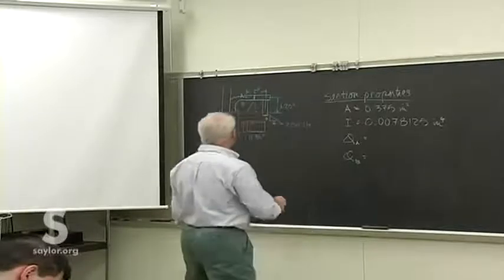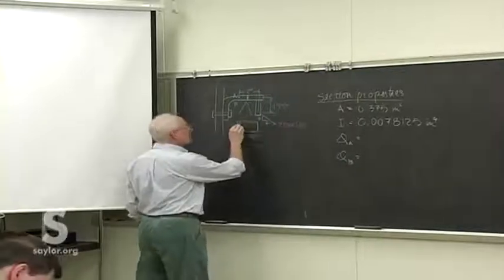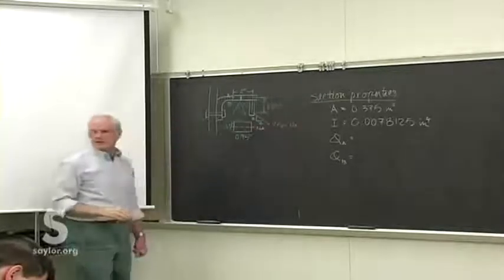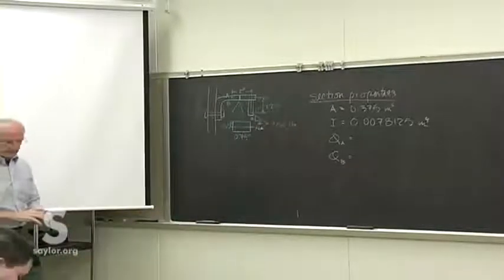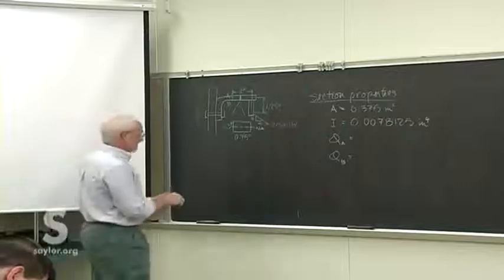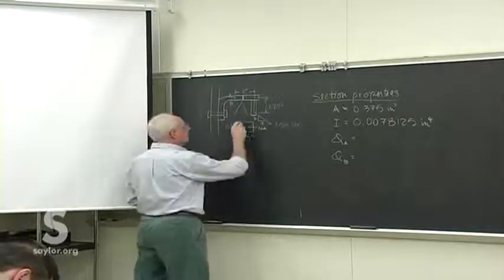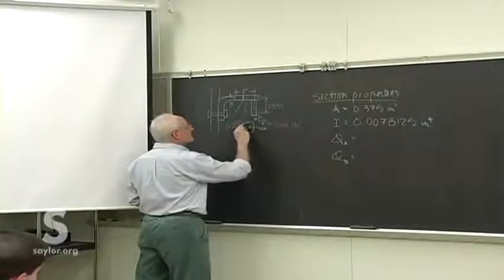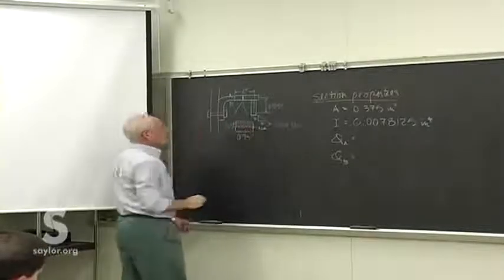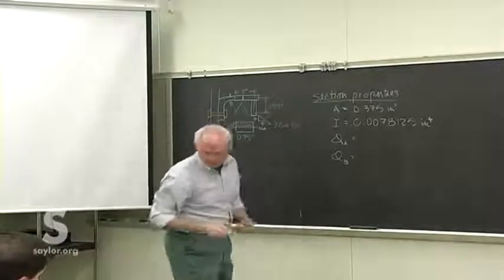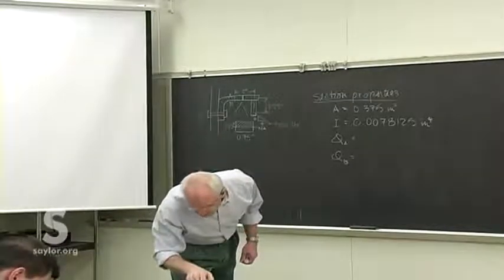Now, if you look at the cross-section, the neutral axis, of course, is right through the center. And so the Q for point A, which is right in the middle, is this entire area above there. And you calculate this and double check it.